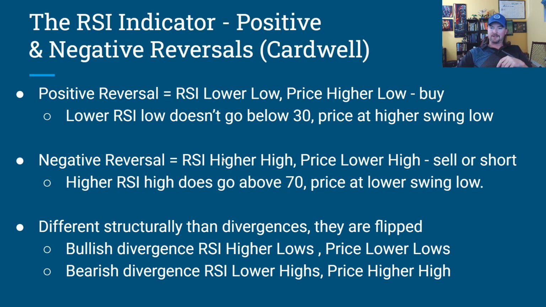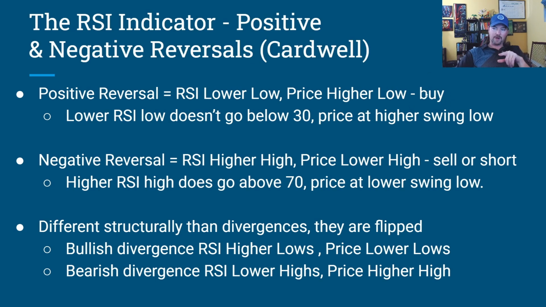So in this case, a positive reversal, which is a buy, price is making a higher low. So you had a low down here, now you have a low up here. So you're trusting that. That's your buy. And the RSI alongside it is making a lower low. So you had a low here and a low here. So RSI moving down, price moving up.